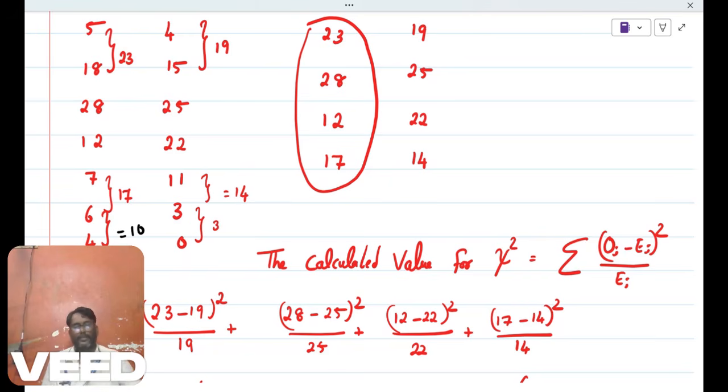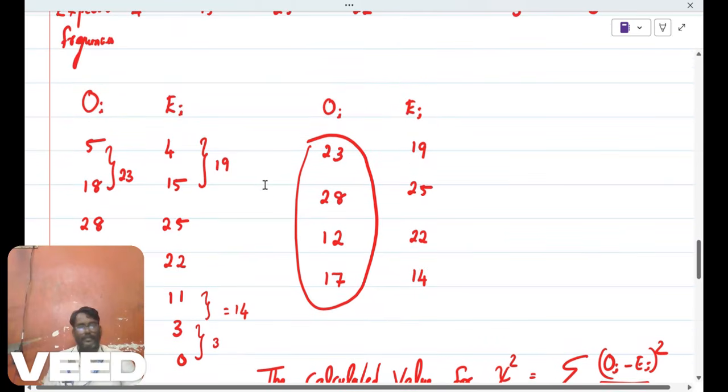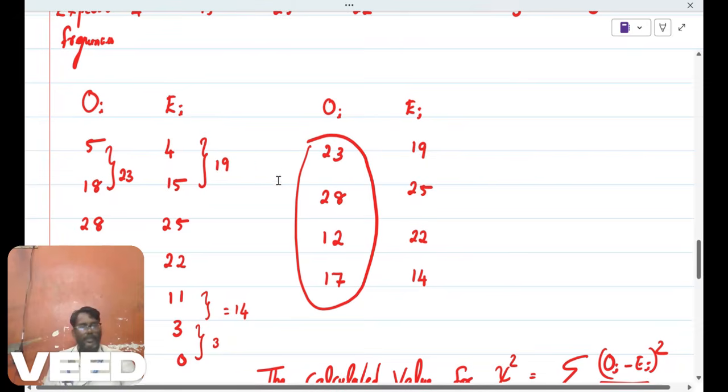Correspondingly, we have to club with the neighbor frequency for the observed frequencies. We get 10 plus 7 is equal to 17. Therefore, the number of observed frequencies and expected frequencies have now become 4, and their corresponding values are 23, 28, 12, and 17 for observed, and the corresponding expected frequencies are 19, 25, 22, and 14.